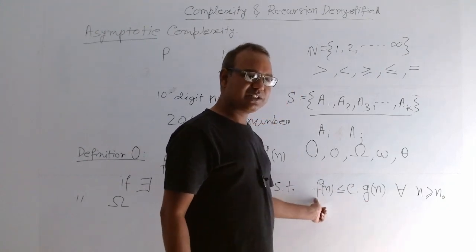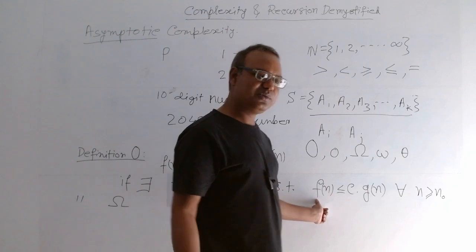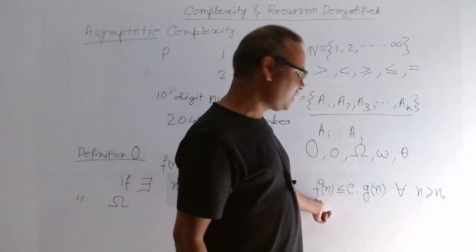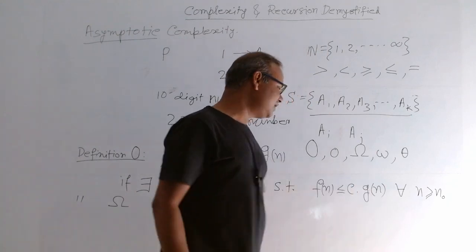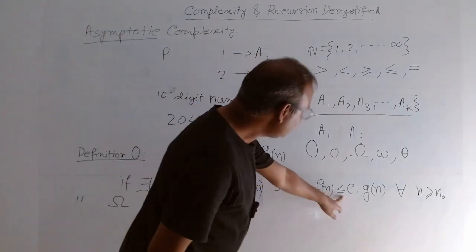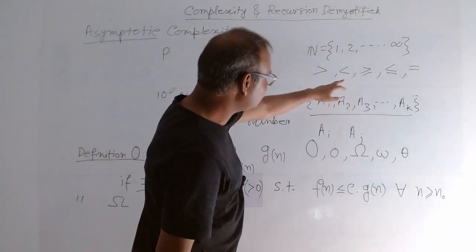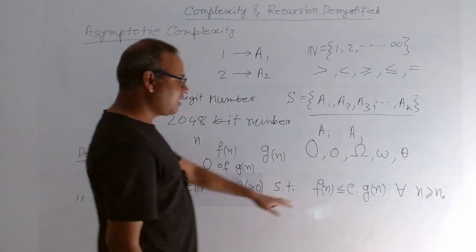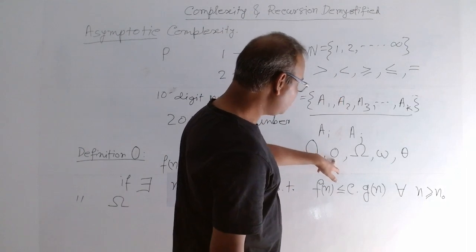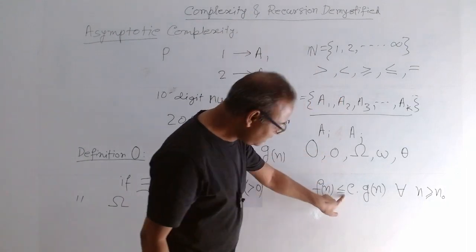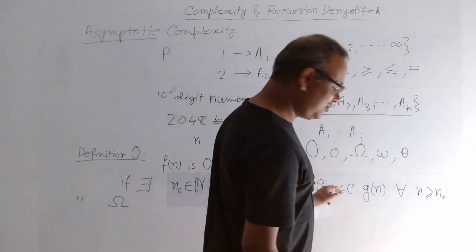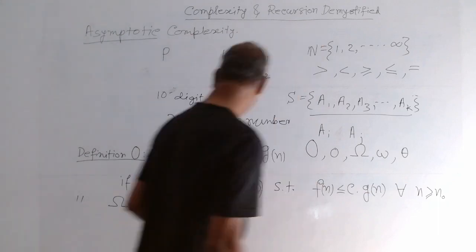If it is the complexity, the time taken by some function, it will always be positive. Time taken by an algorithm cannot be negative. So for omega, we change the symbol to greater than or equal to, and for small o, we remove this equal to. For small omega, we remove the equal to of the big omega.